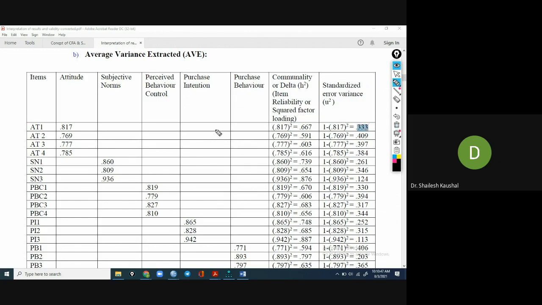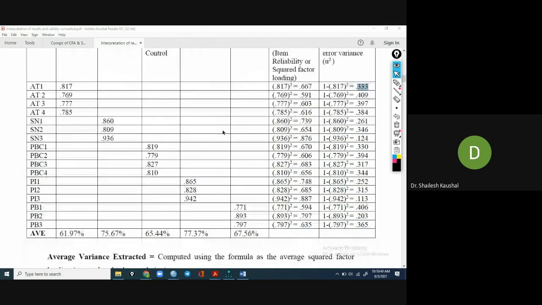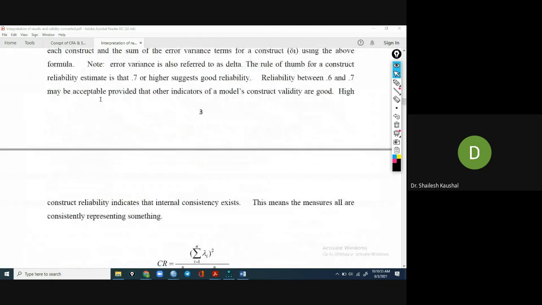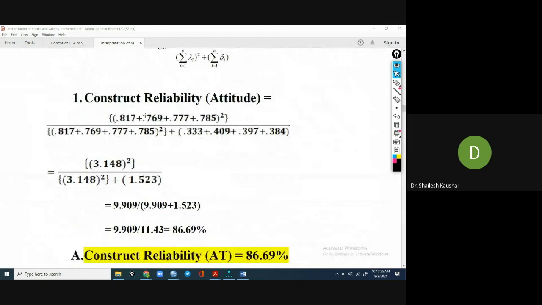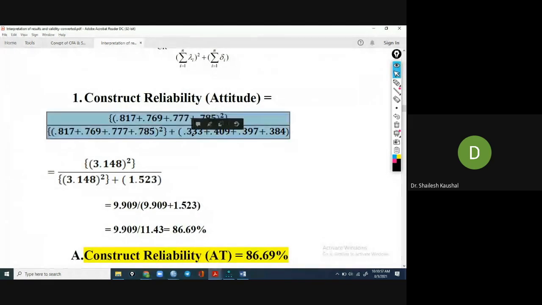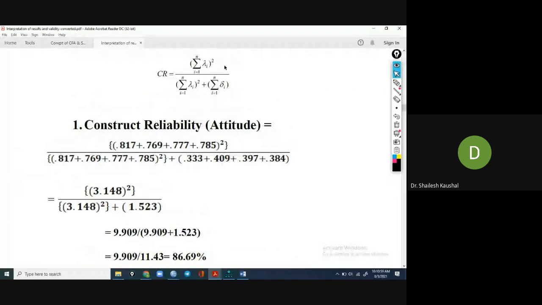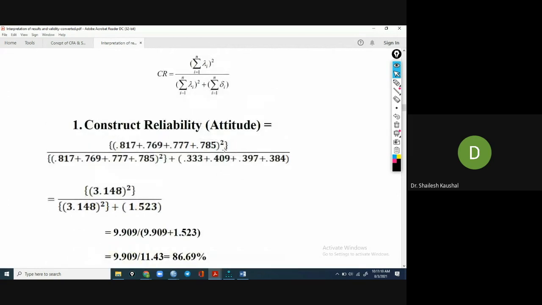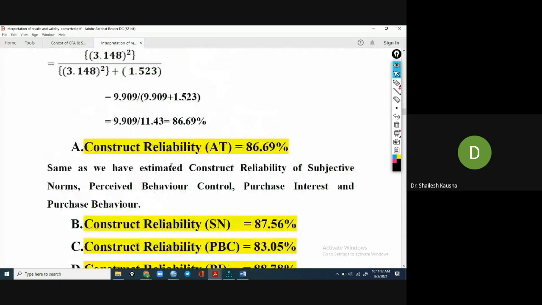Now we put all the values in the formula to find the construct reliability. This is the construct reliability formula. We put all the values of delta, where delta means the error term, and then obtain the value of construct reliability.